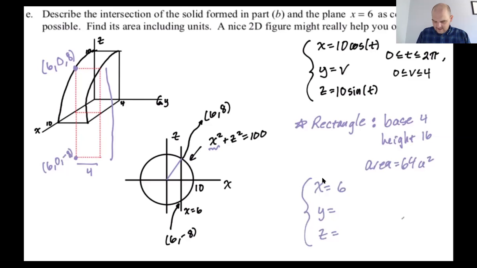So I'm going to say that it is t, from 0 to 4, because y is stuck between 0 and 4. Look at the picture on the y-axis. And then z can change, so I'm going to make that v. And z can go from negative 8 to positive 8. So I'm going to say negative 8 to 8.